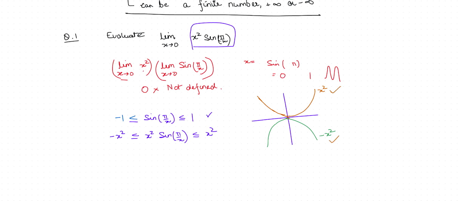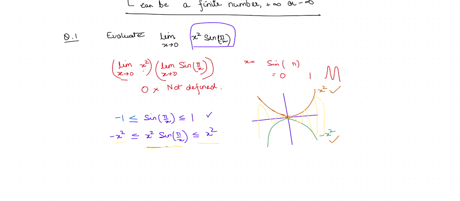And the graph of x square sine pi by x will be something like this, which will be in between these two, because we know this is greater than negative x square and less than positive x square.